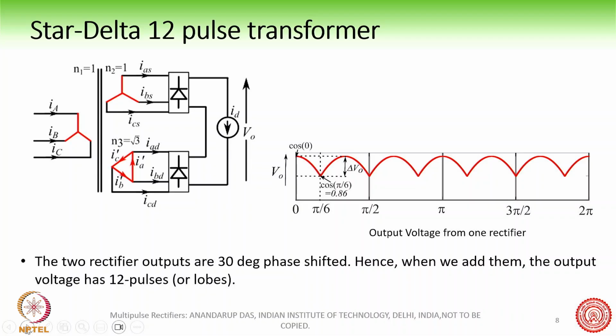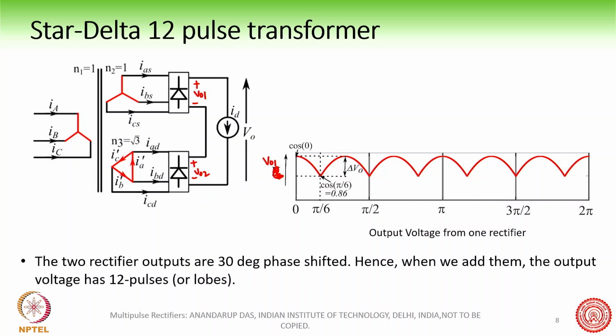Now the output of the second rectifier. So instead of writing V0, we can write V01 here, correct? This is the output of the first rectifier, which is connected in star.